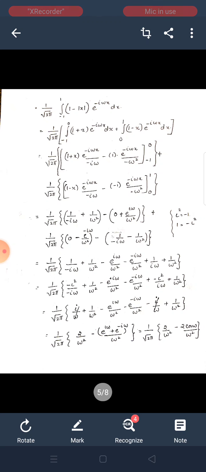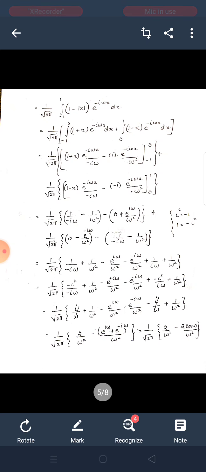In the first part, when you give the upper limit 0 you will get 1 by root of 2 pi, 1 by minus i omega plus 1 by omega square, minus, when you give the lower limit minus 1 you will get the second part, plus the second integral, and when you give the limits you will get the second term.